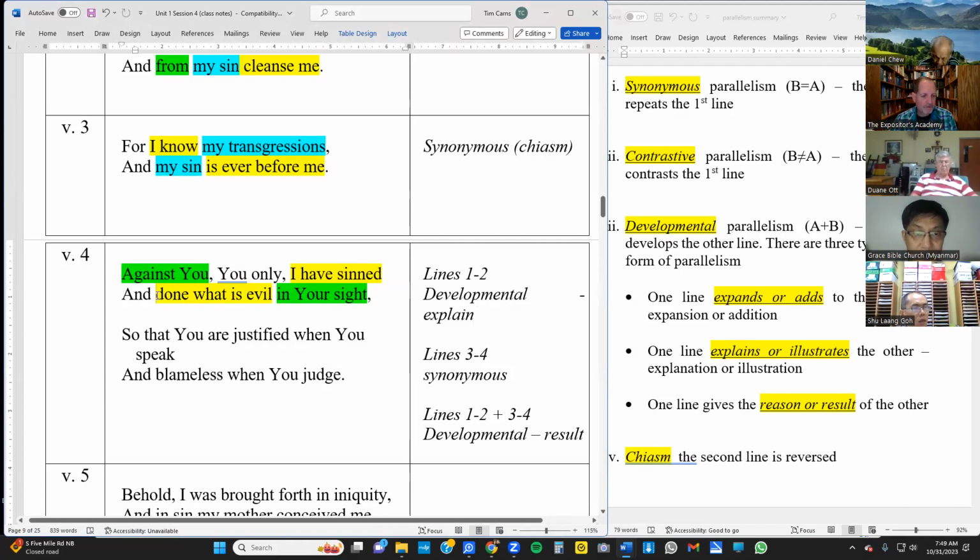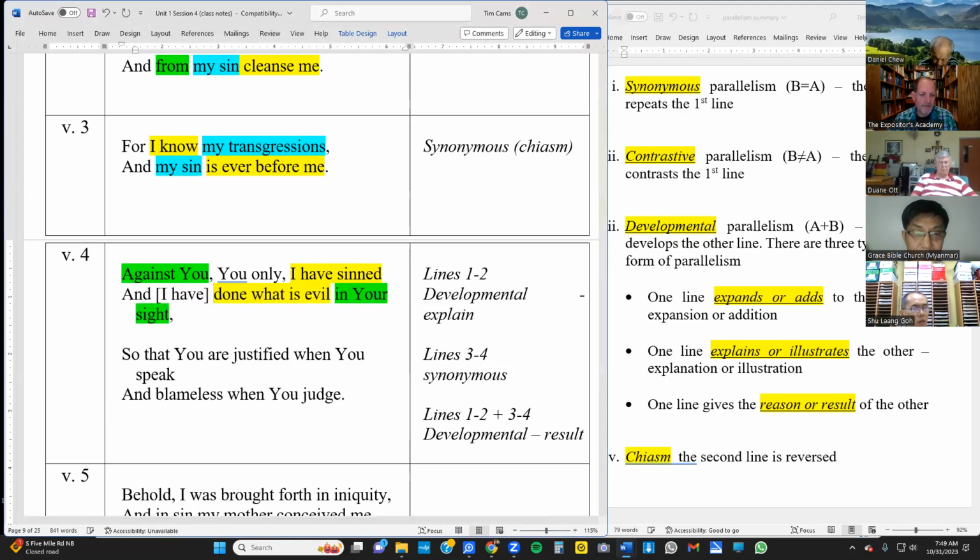Notice, by the way, there's an ellipsis, right? He does not put "I have" in the second line. But it's implied to be there. And I would say synonymous only because I have sinned and I have done what is evil. That's a synonymous idea. And then against you and in your sight, I think is also a synonymous idea.